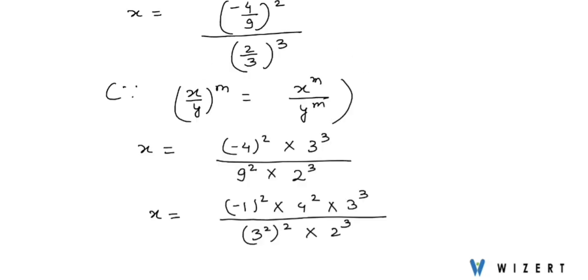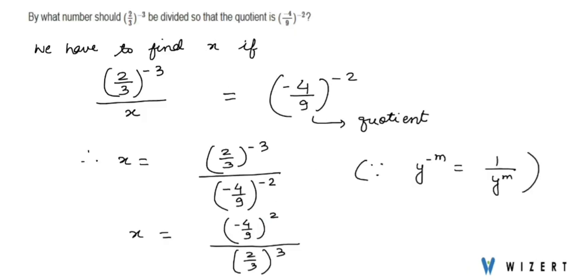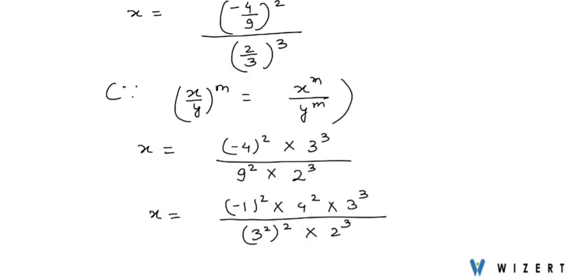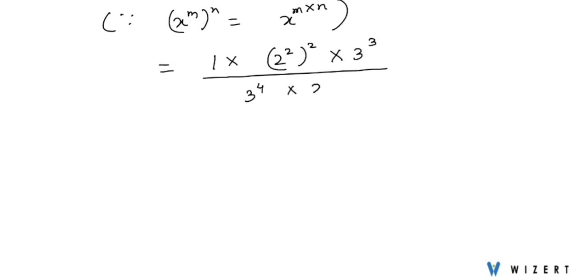Now 3 to the power 2 to the power 2. So x to the power m to the power n we can write as x to the power m multiplied by n. That's why we have written here 3 to the power 4. 2 multiplied by 2 is 4. Now 2 to the power 3. Similarly, we will write 2 to the power 2 whole to the power 2 as 2 to the power 4 by using the above property. So this will be equal to this.